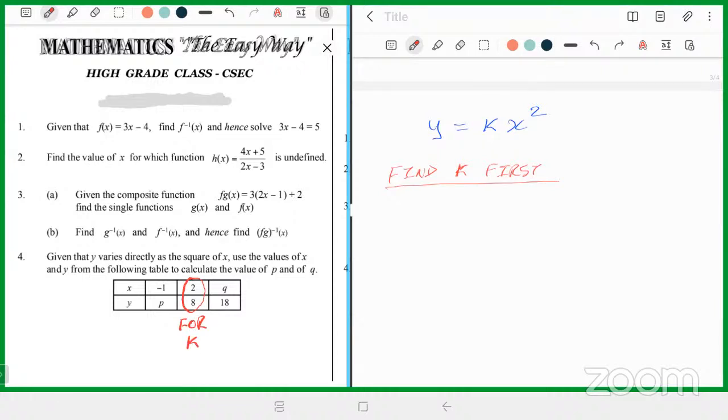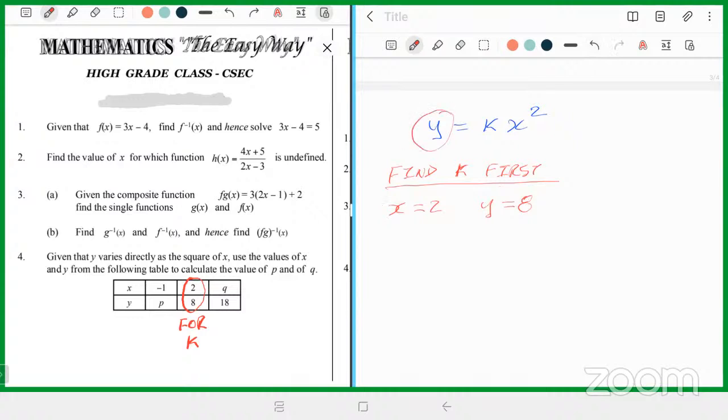So what do we know? We know that when x equals 2, the y equals 8. So when x equals 2, the y value is 8. We're going to use these two values on this relationship formula that we don't know fully yet. We need to find k from it. So just plug them in there.